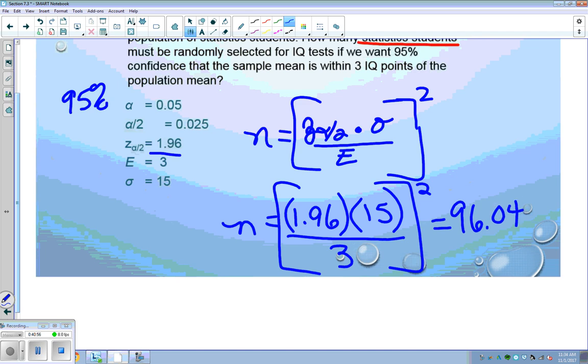Could I get away with a sample of 96 statistics students? No. I need an N of 97 statistics students. That would be my sample size.